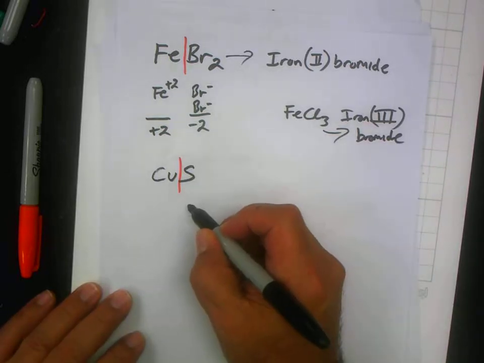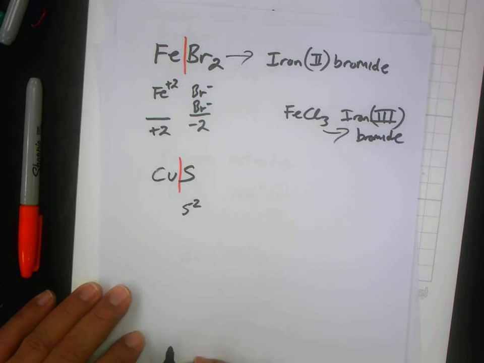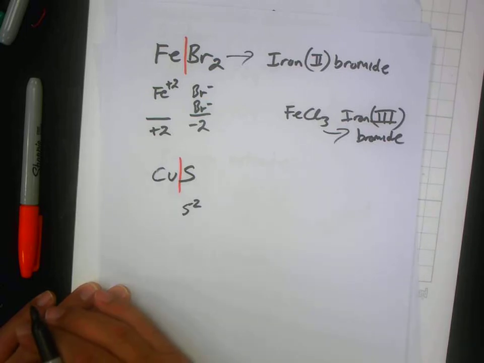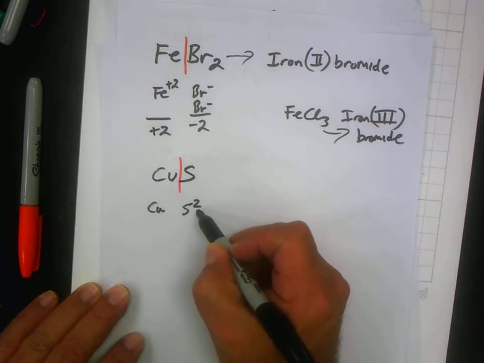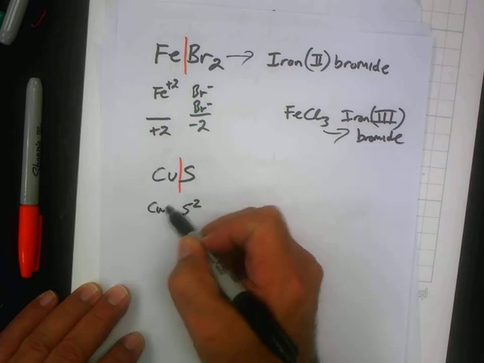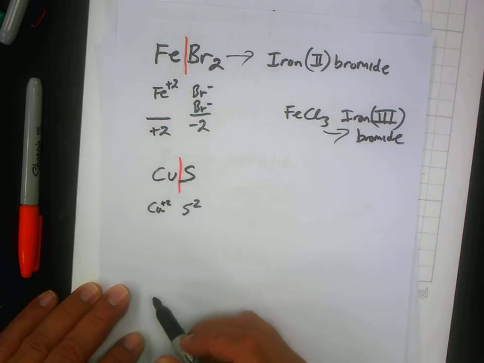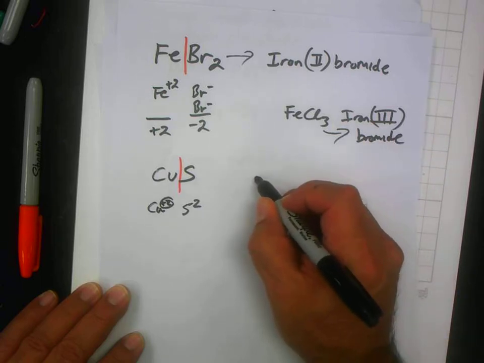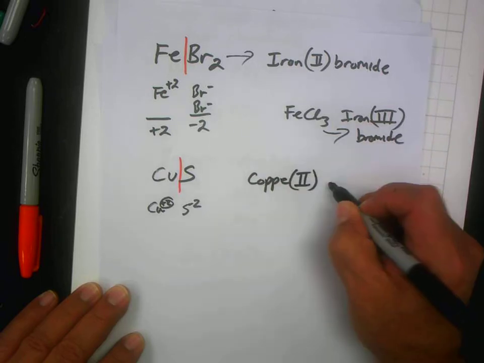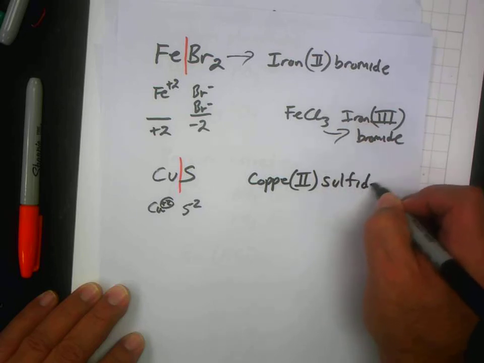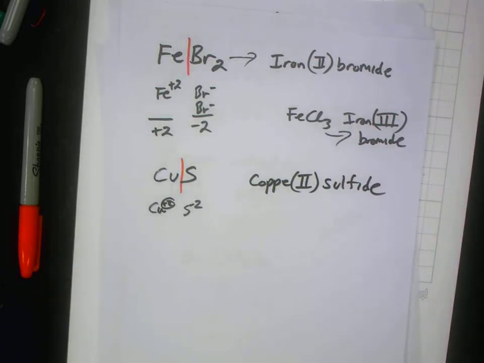We know that sulfur, there's only one sulfur here and has a -2 charge. So therefore, what does the charge have to be on copper for the whole thing to be neutral? Good, +2. If this one's -2, there's one sulfur and there's one copper, it has to be +2. So we're going to call this one copper 2 sulfide. Okay, just like that.